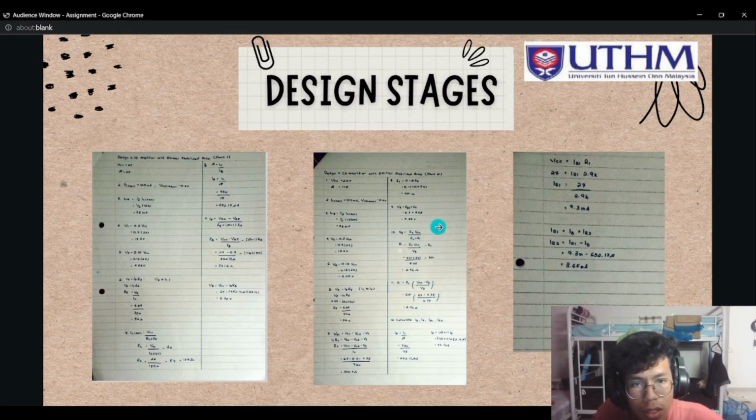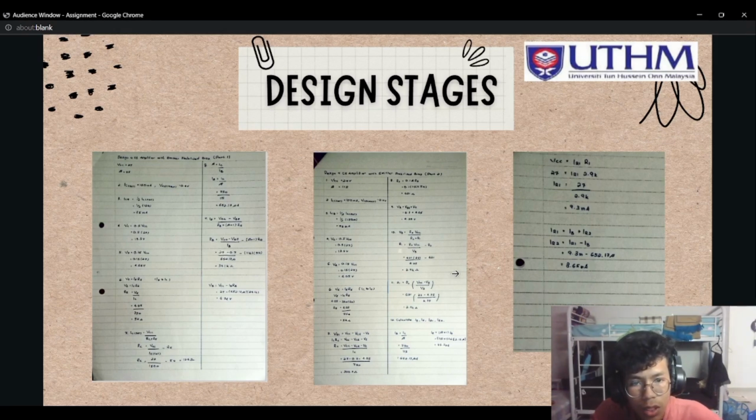Question 10 is to calculate R1 from the equation given, and the answer for R1 is 2.9 kilo ohm. As for question 11, we need to confirm that the calculation from question 10 gives the exact same R1, and in question 11 we also get R1 as 2.9 kilo ohm.